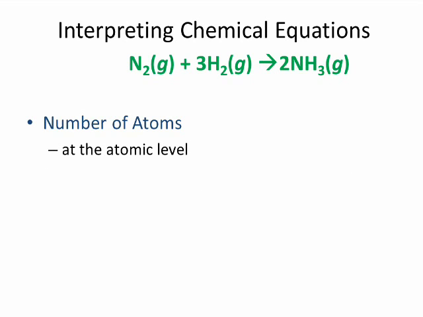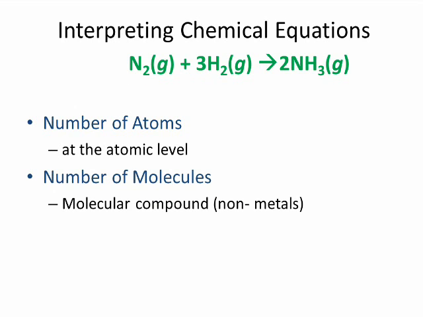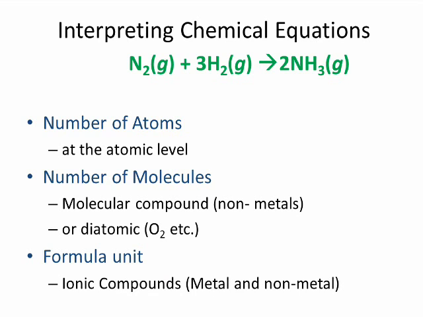We can look at it as a number of atoms at the atomic level. So if it's just an atom here, or a number of molecules, so here we have molecules, formula units. So for instance, we can say this is 1 molecule of nitrogen gas, 3 molecules of hydrogen gas, 2 molecules of ammonia, or NH3.